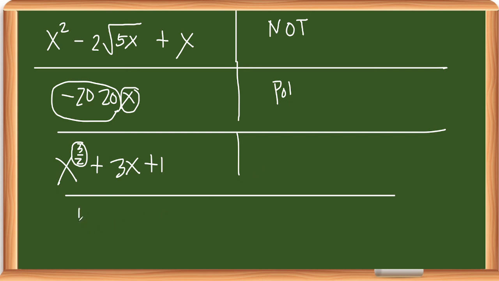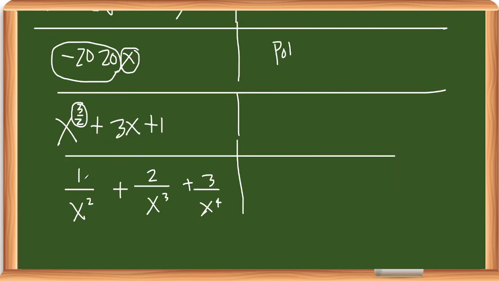What about 1 over x squared plus 2 over x cubed plus 3 over x to the 4th? Okay, let's check. The numerical coefficients are all real numbers, no? So, that is okay. And how about the variable, what is the exponent? Ma'am, they are all positive, that's a polynomial.